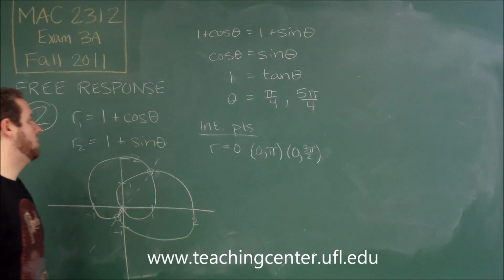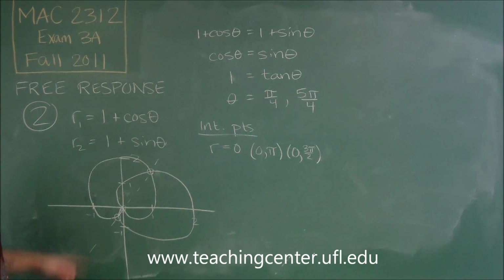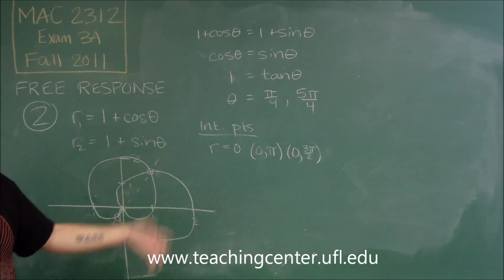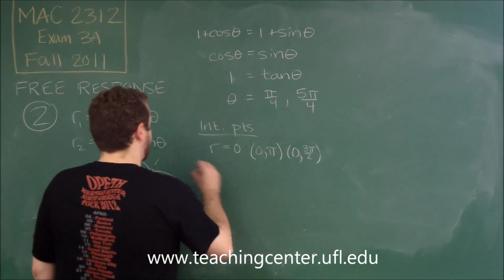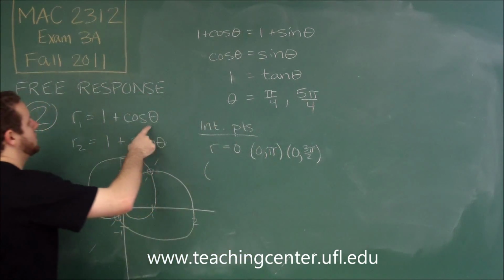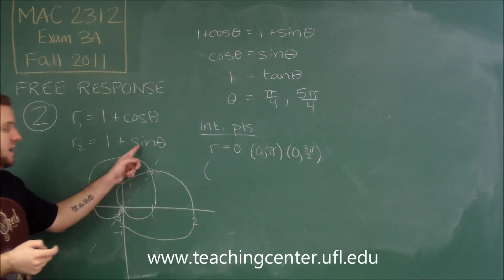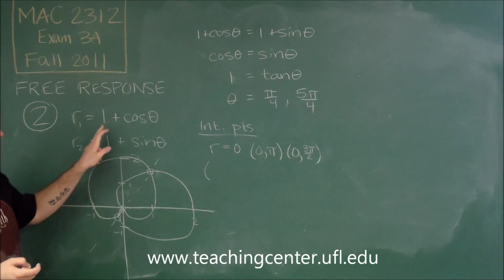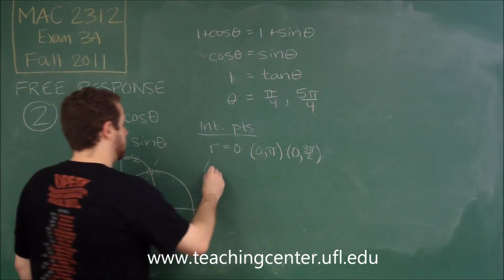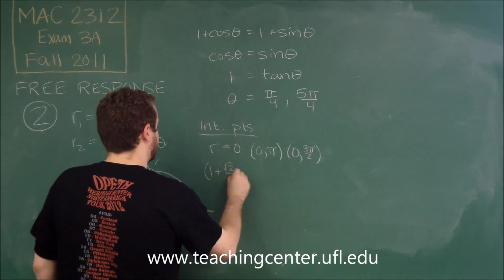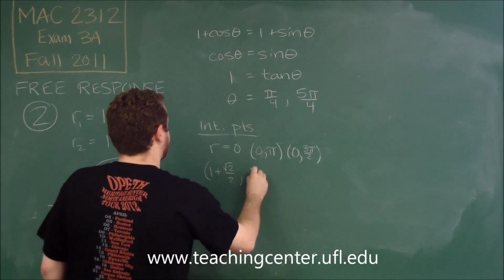So what are these actual points? Well, to figure out the r's, we could just plug those into either equation. So the r for pi over 4, cosine of pi over 4 is square root of 2 over 2, just like sine of pi over 4 is square root of 2 over 2. So the r is 1 plus square root of 2 over 2. And our theta was pi over 4.